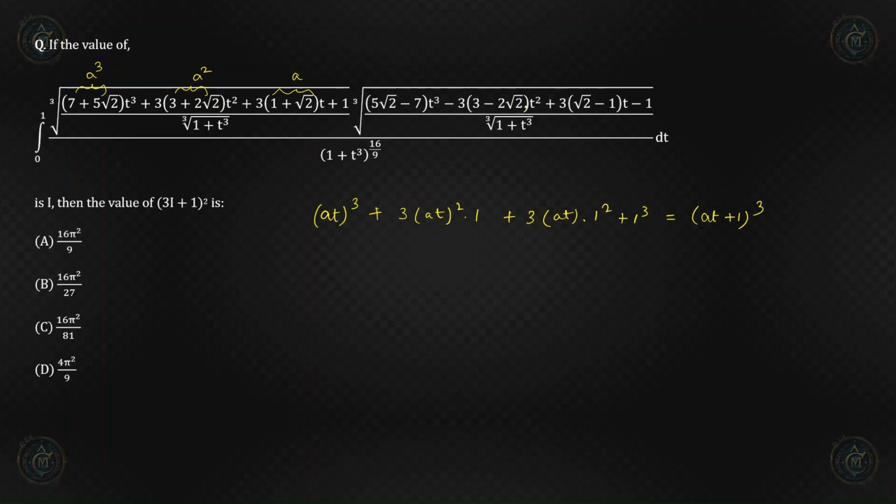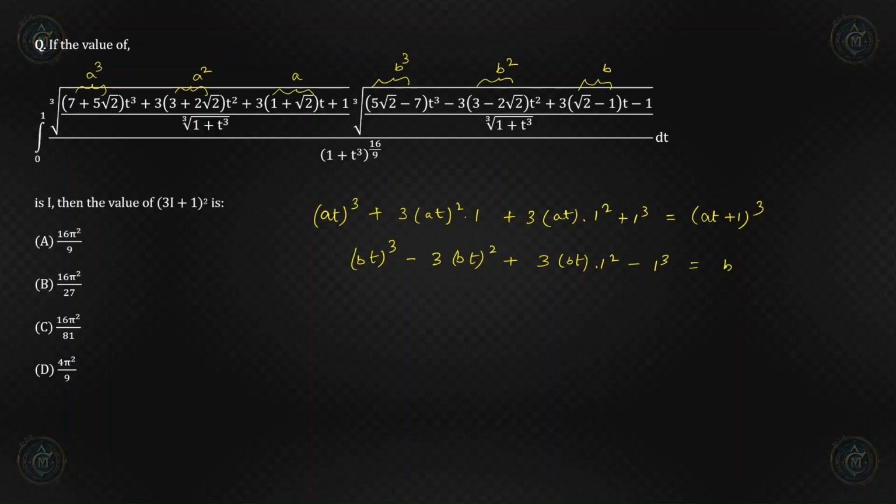And this thing we can also verify, that if we call this a here, or let's call this b, okay. So b here, this is nothing but b square, and this thing is nothing but b cube, okay. So this thing is bt whole cube minus 3bt whole square plus 3 times bt into 1 square minus 1 cube, okay.